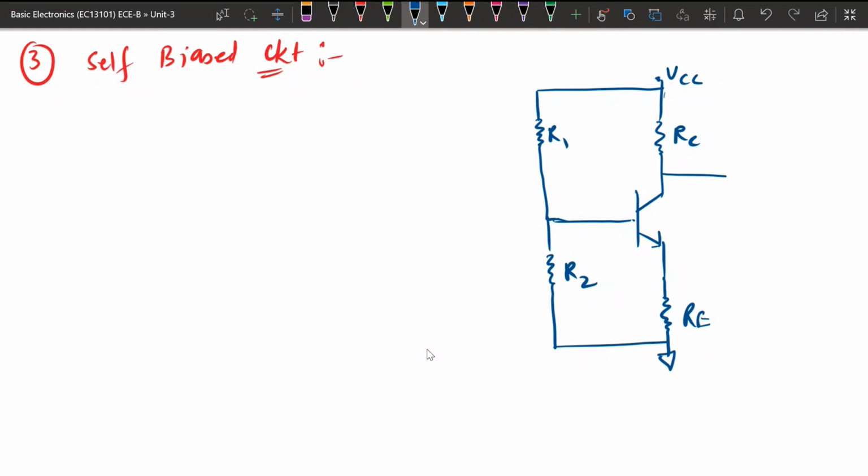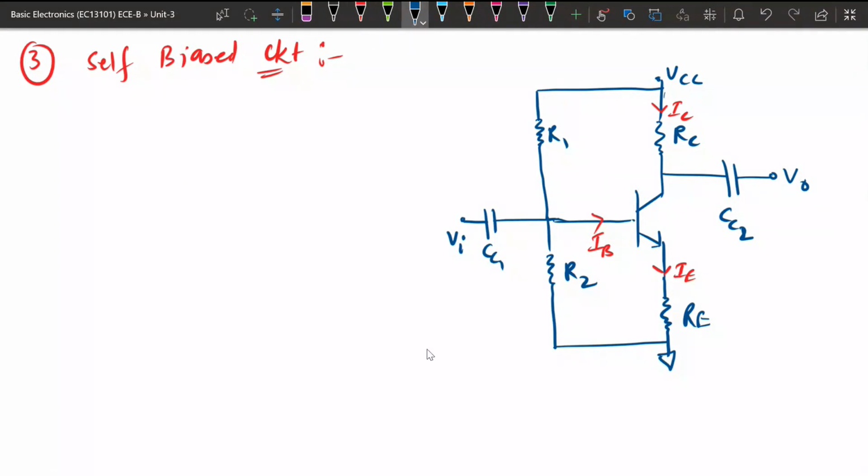We will take output from here with the coupling capacitor 2, and input will be provided by coupling capacitor 1, that is V input. So this will be the circuit. Here again this will be the emitter current, this is the base current, and this will be the collector current.